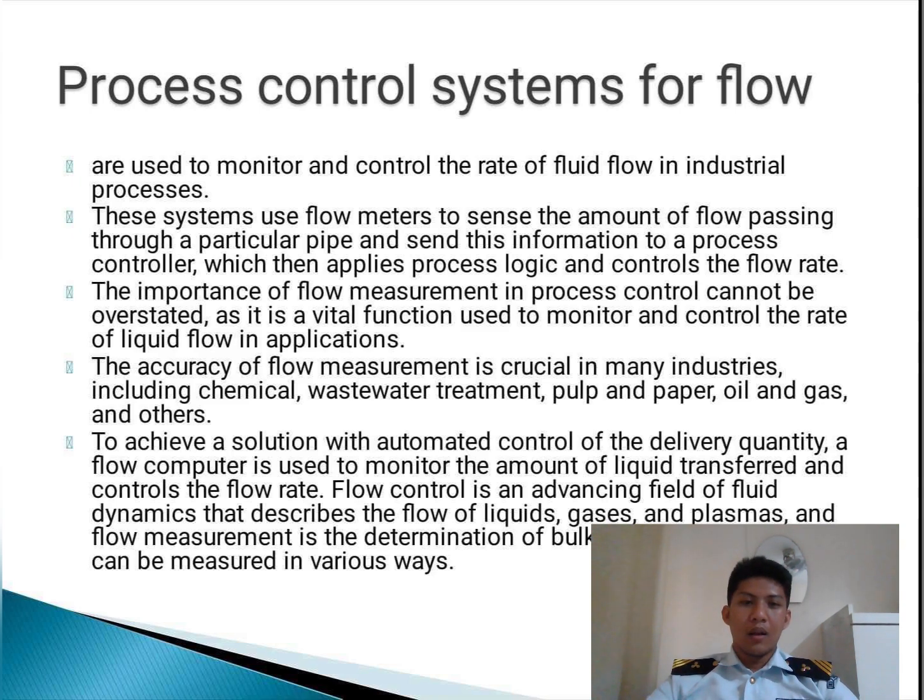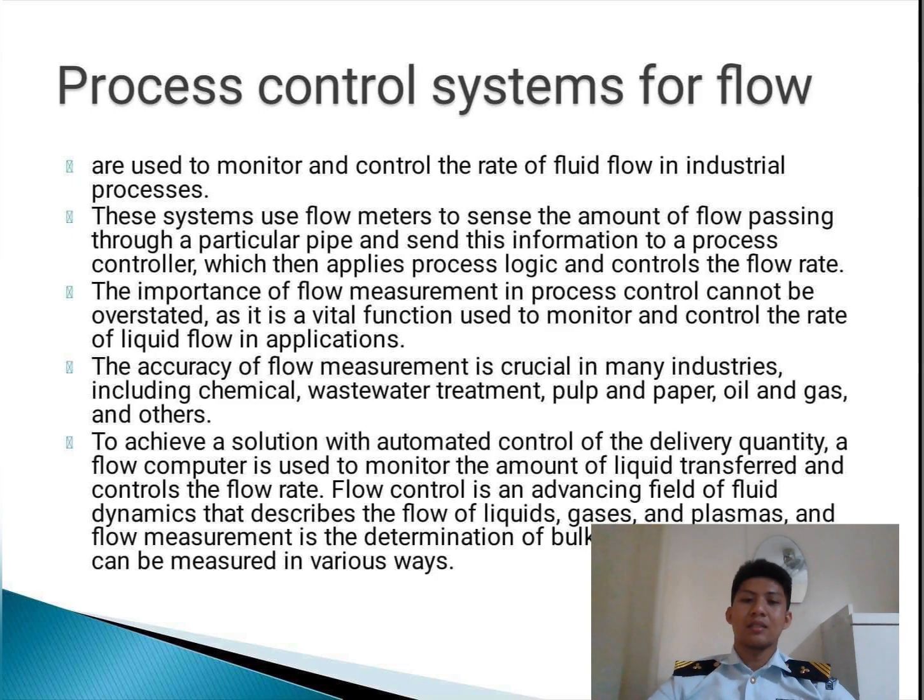Typically in flow measurement, these systems use flow meters to sense the amount of flow passing through a particular pipe, then send this information to a process controller, which then applies a process logic and controls the flow rate.